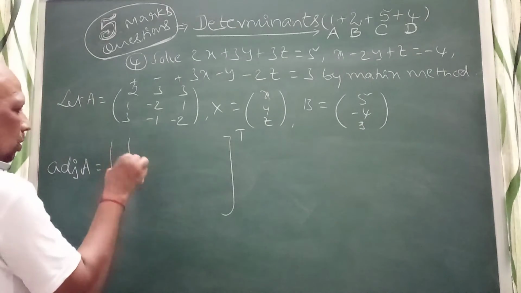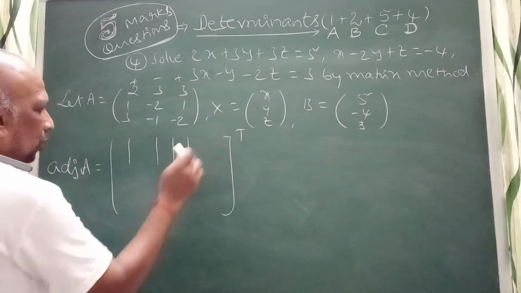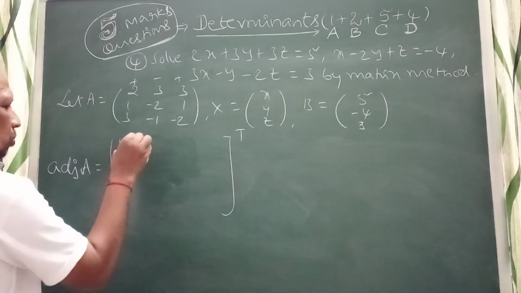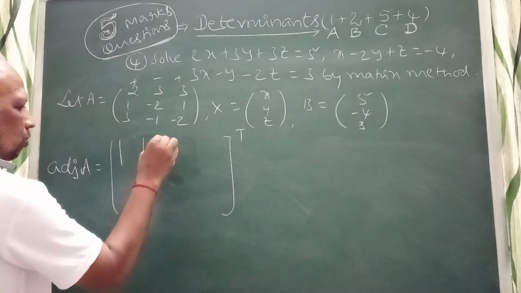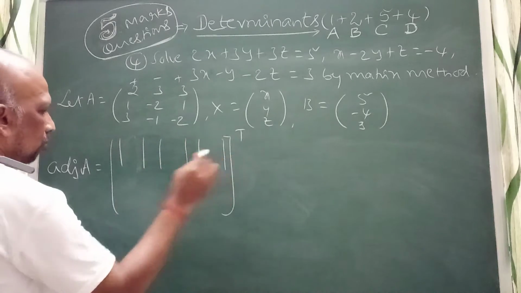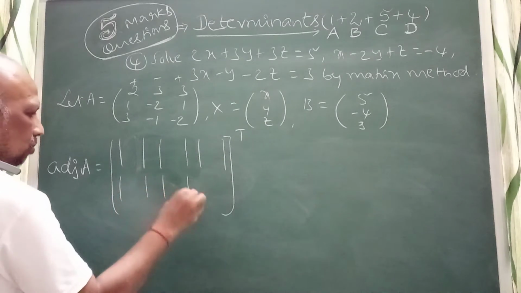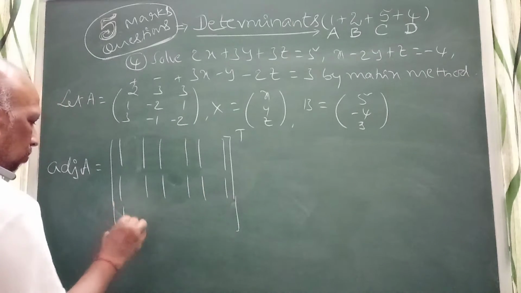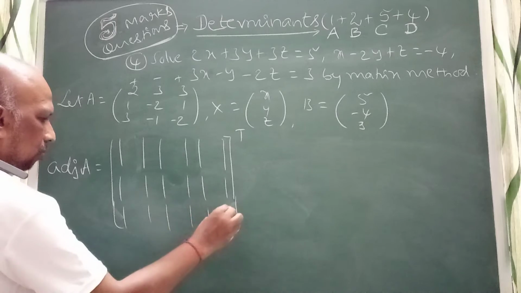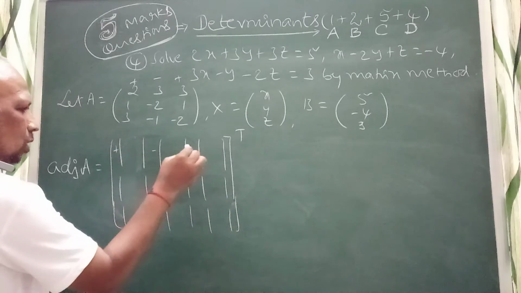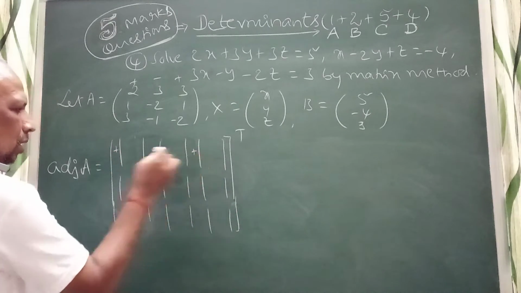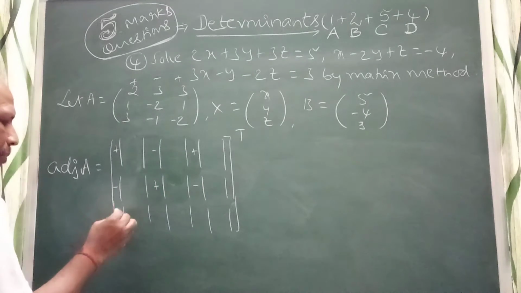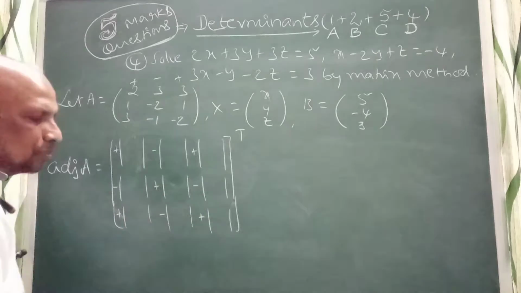So we write 9 determinants. Use the sign pattern plus, minus, plus, alternating, right? Here plus means minus, minus means plus, plus means minus, plus, minus, plus.